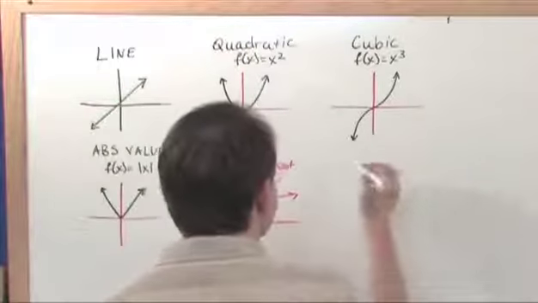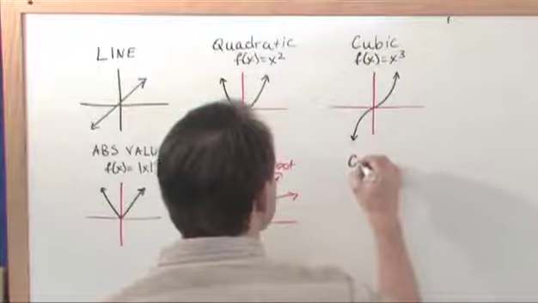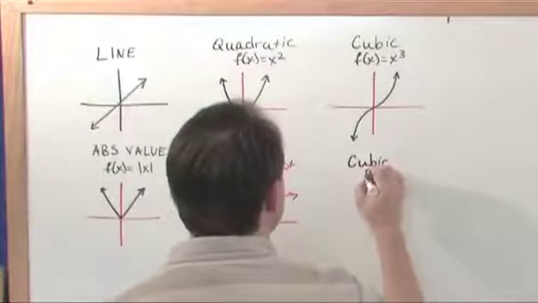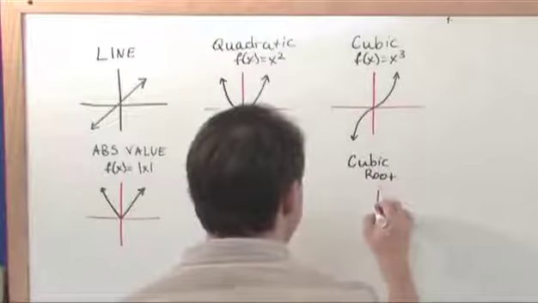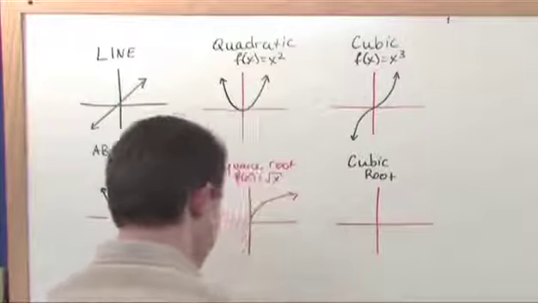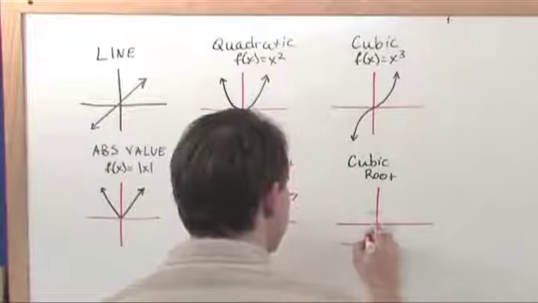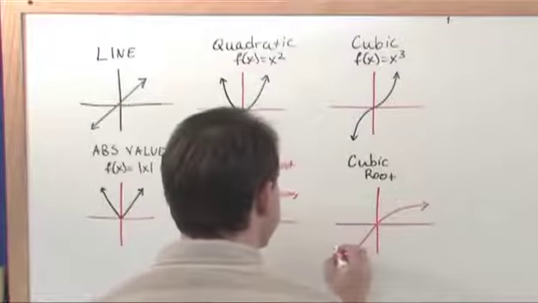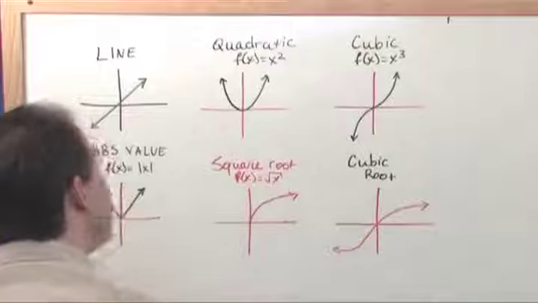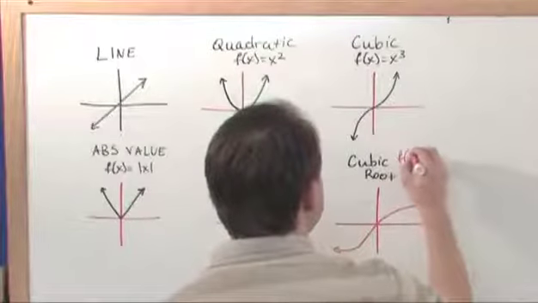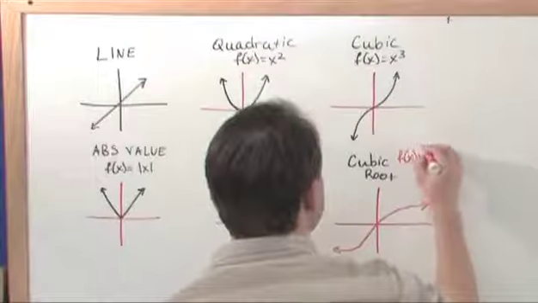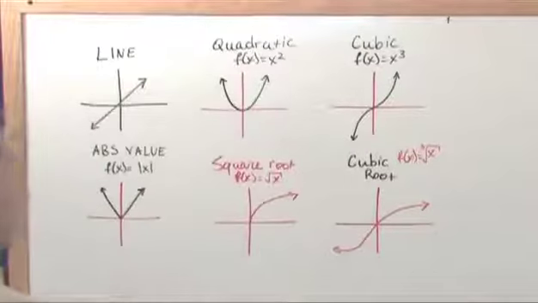And the final one I want to talk to you about is a cubic root. Okay? A cubic root. And that one is going to look like this. It's going to kind of look like a snaky S, like this. Okay, and that would, by the way, be something like f of x is equal to the cube root of x, okay, the cube root of x.